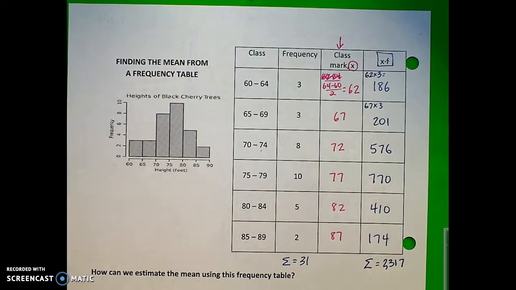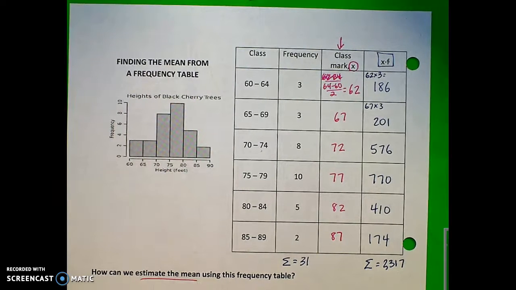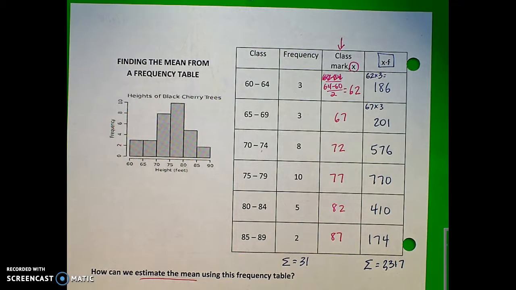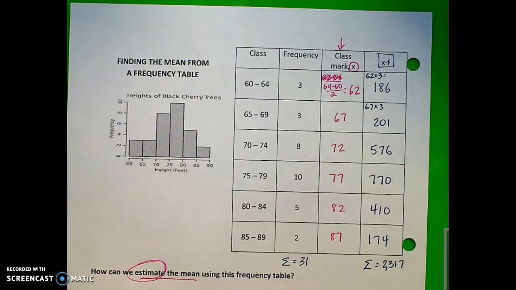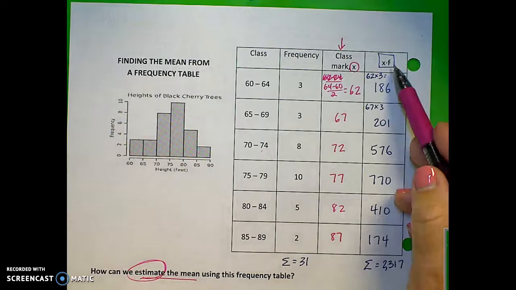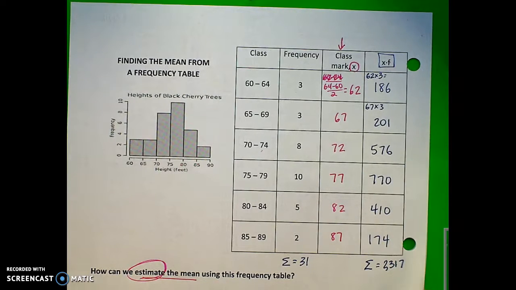And basically, we're going to estimate the mean with the frequency table by doing this. The mean is going to be, we can still show it with x bar, but it's an estimate, okay? And we'll call it a weighted mean. We'll talk about that in a second. It's the sum of the last column. I realize you can't see what I'm writing.